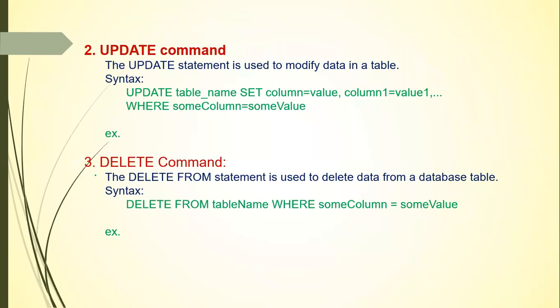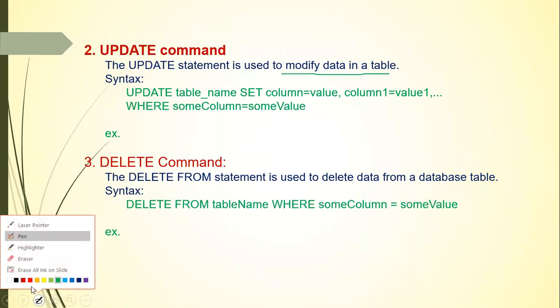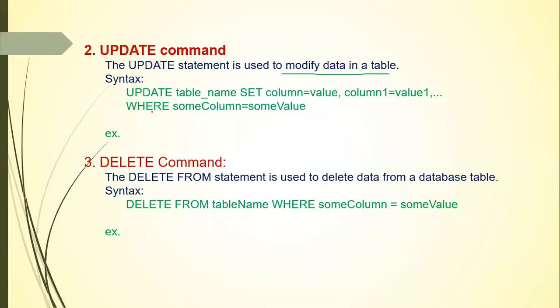Next thing is nothing but the update command. Update command is used to modify the data in the table. Okay, to modify the data in a table we can consider the update command. The syntax is given at this point: update keyword, then table name, which table you want to update, then the set keyword is used in this location.